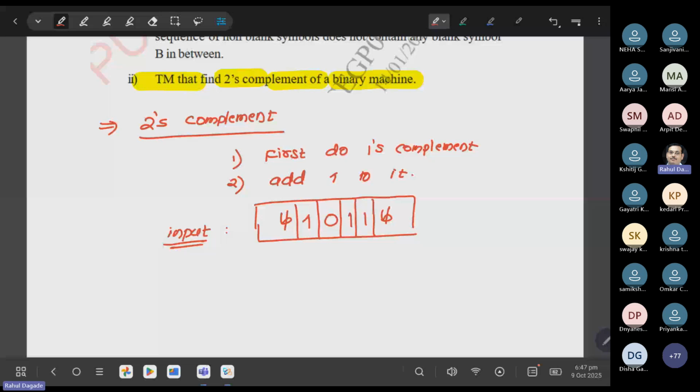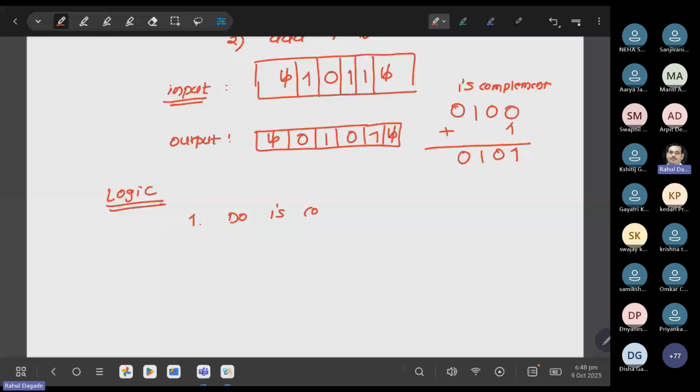Now what logic will you apply? Logic. So first, do 1's complement. So here we have blank 1 0 1 1 blank. After this step our output will be blank 0 1 0 0 blank, and our pointer will come here.